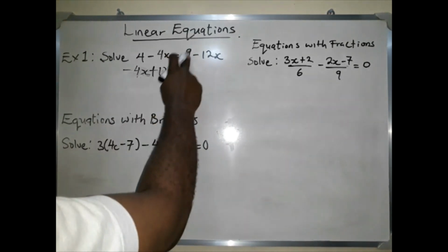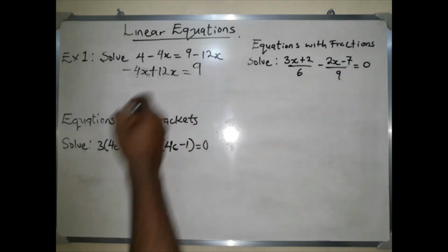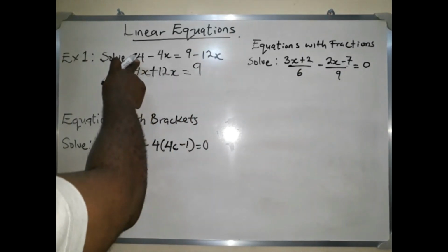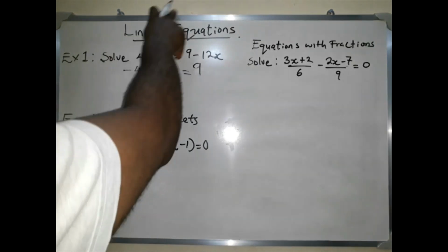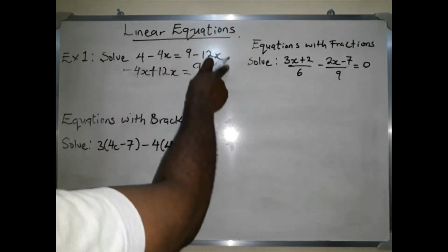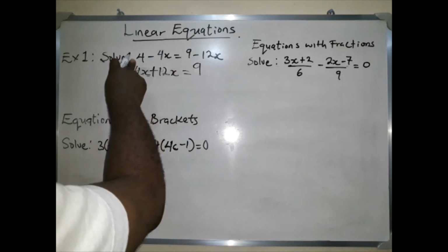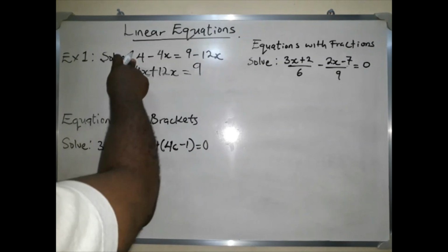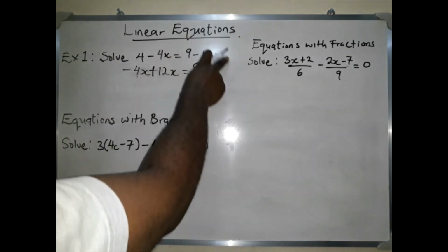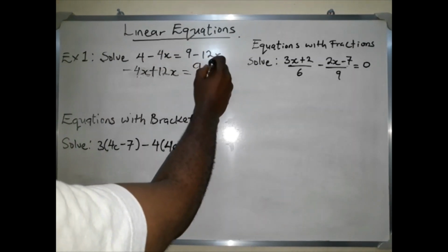Now we have 9 here already on the right hand side, so leave it there. So I'm going to take 4 and move it over this equal sign to the right hand side. And when this 4, which is positive 4, is moved over this equal sign to the right hand side, it becomes minus 4.